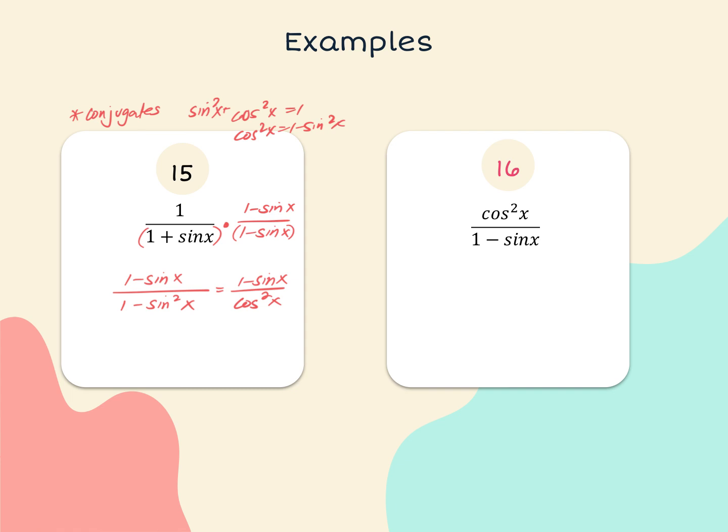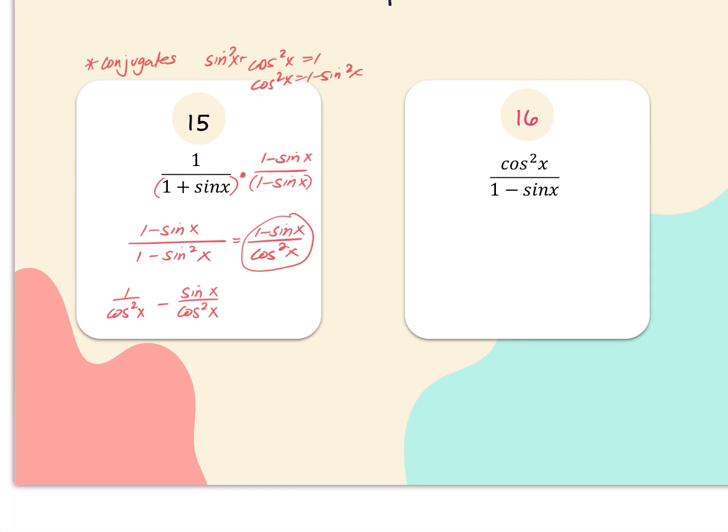This is kind of tricky, but I know that when I have an expression over a single denominator, I could rewrite it as 1 over cosine squared x minus sine of x over cosine squared x. I could separate it like that. Let's see what else I can do with this. 1 over cosine squared x, that's secant squared x.